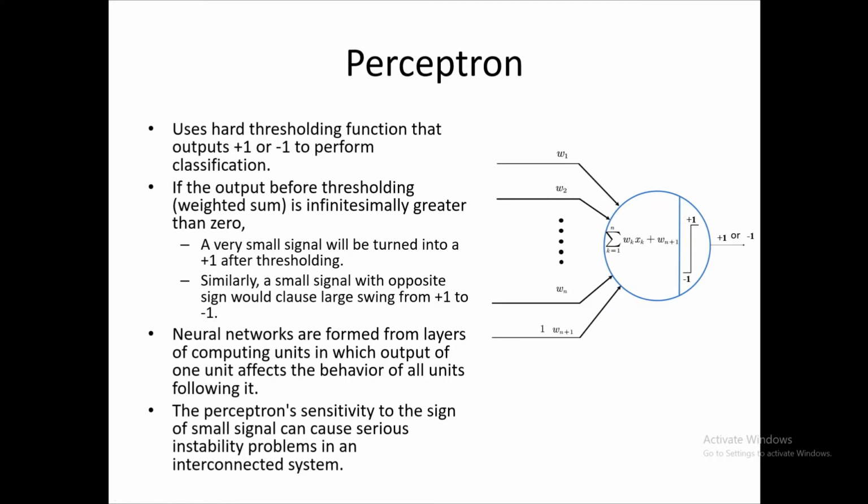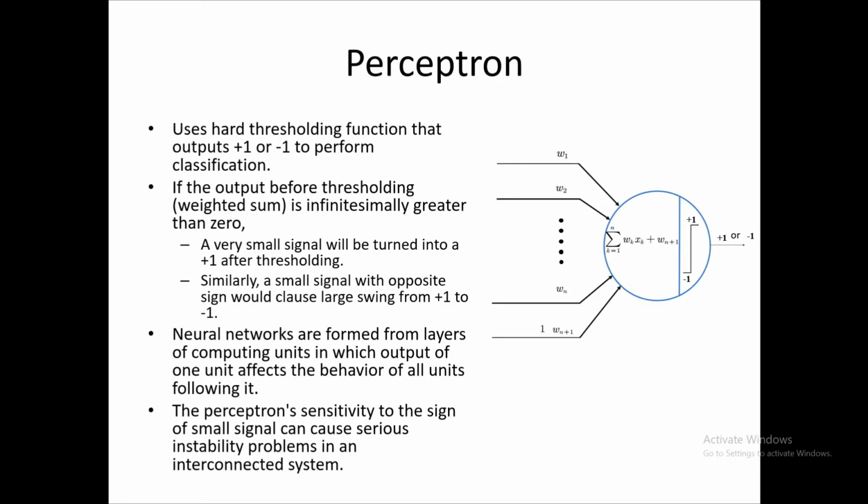When we threshold this sum, the very small signal will be turned into +1. But similarly, a small signal with the opposite sign would also cause a large swing in the value from +1 to -1.